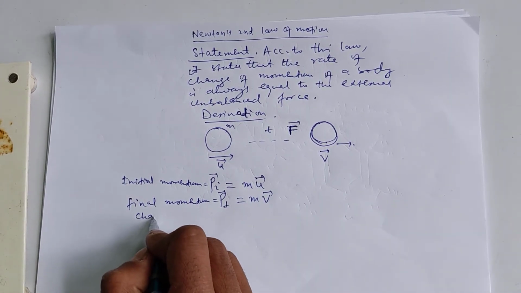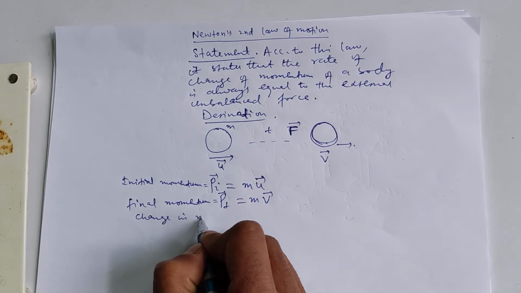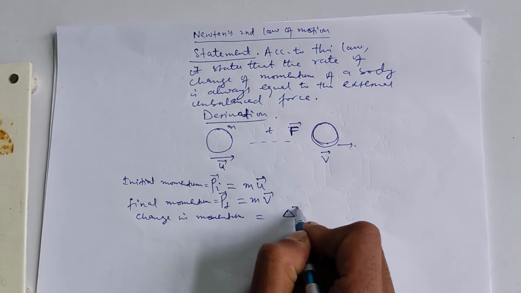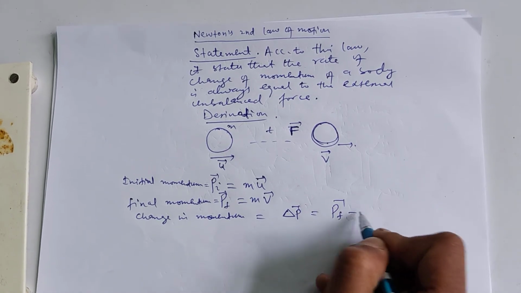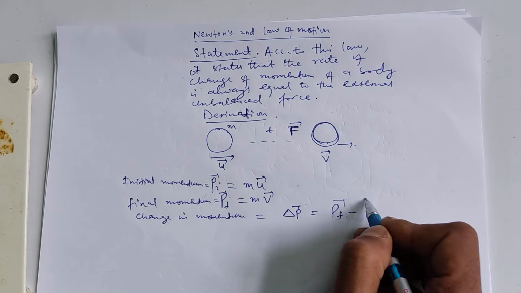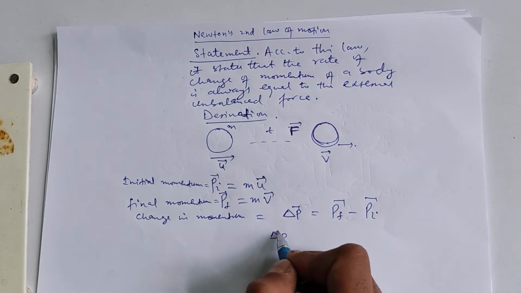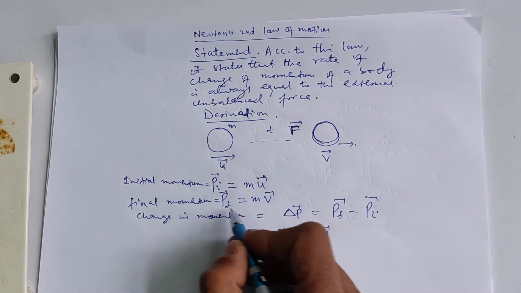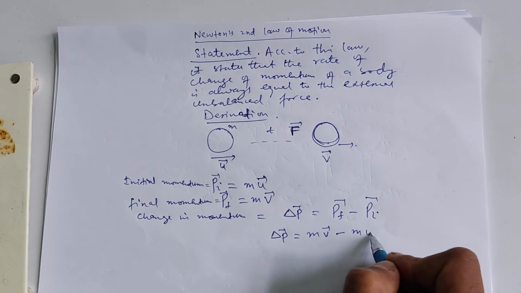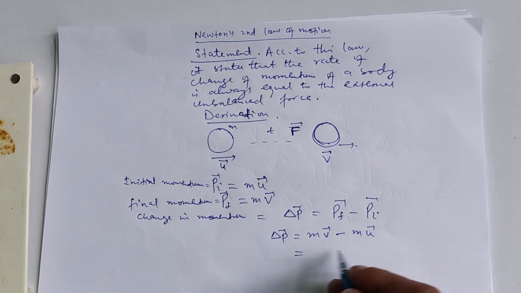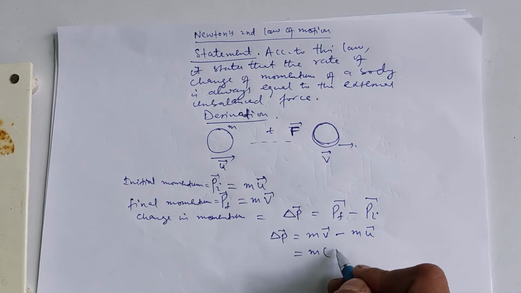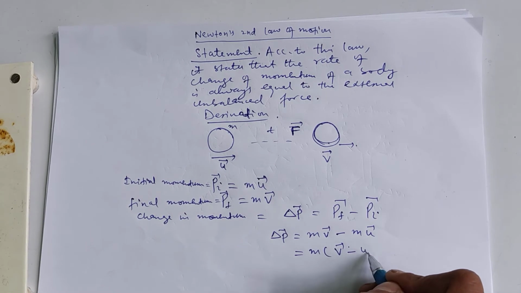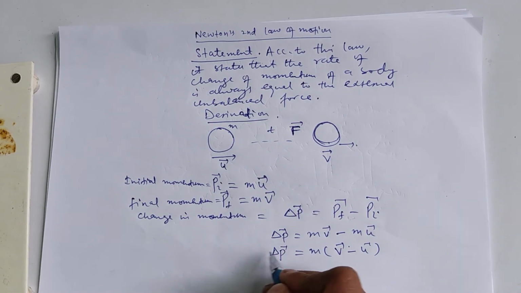Now the change in momentum can be determined, that is equal to final momentum minus initial momentum. So change in momentum is mv minus mu. M can be taken out because it is common, so it will be m(v minus u), that is del p.